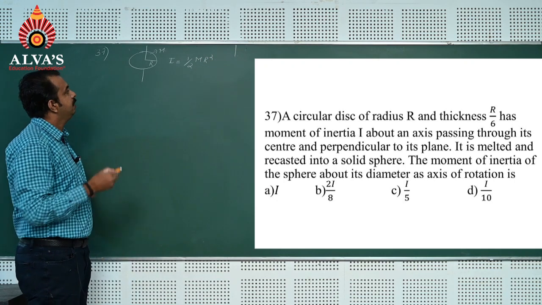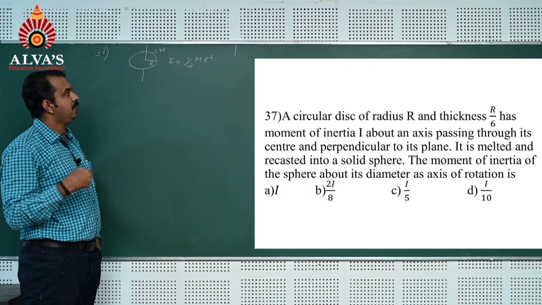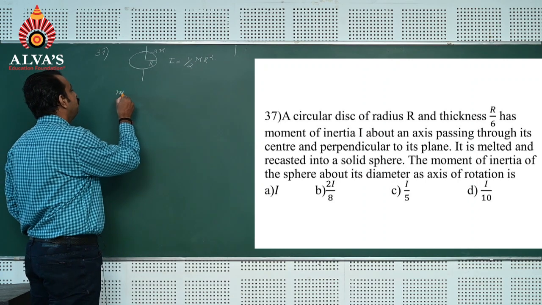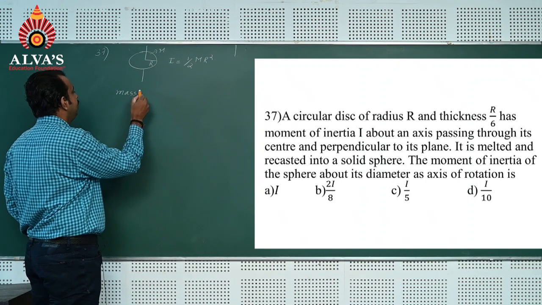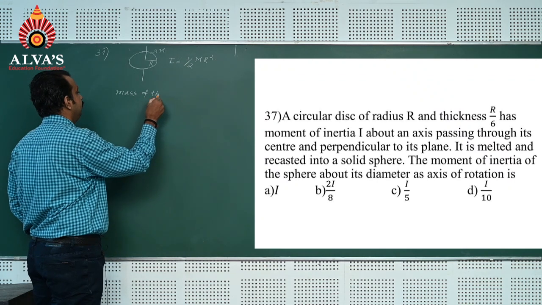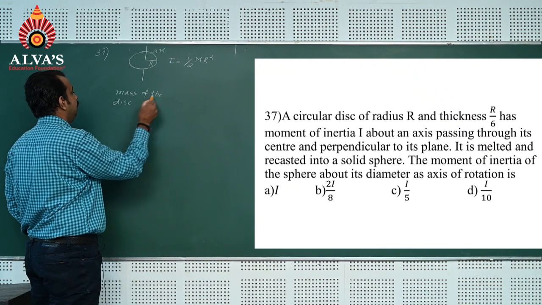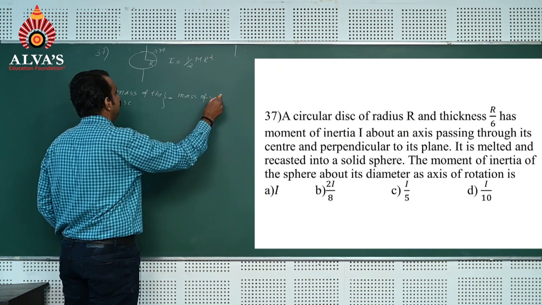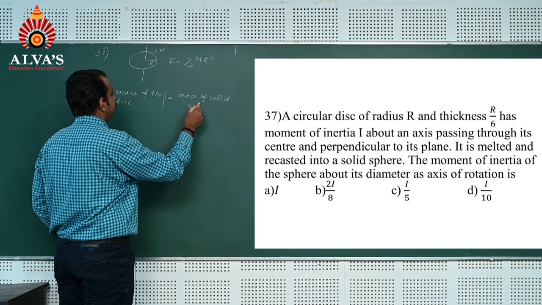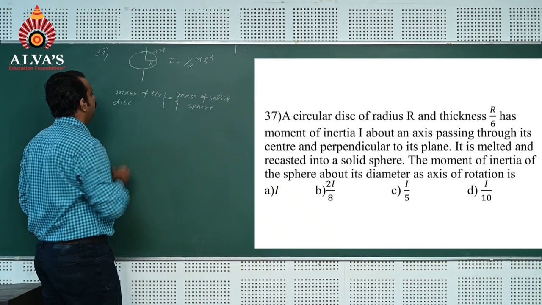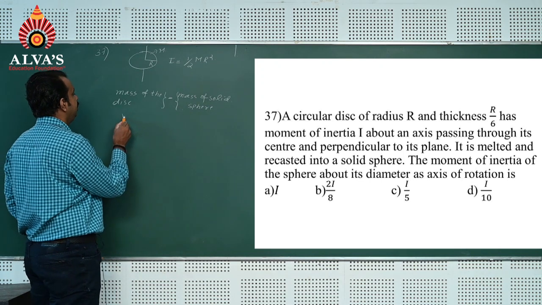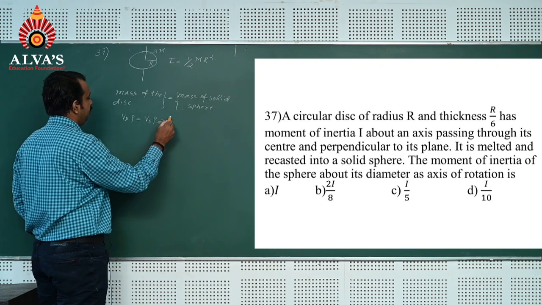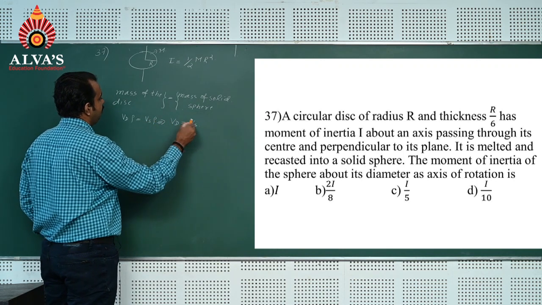You know that when the disc is melted and recast into a solid sphere, the mass of the disc remains the same. Say the mass of the disc is equal to the mass of the solid sphere. Mass is equal to volume into density. Volume of the disc into density is equal to volume of the sphere into density. That means the volume of the disc is equal to the volume of the sphere.